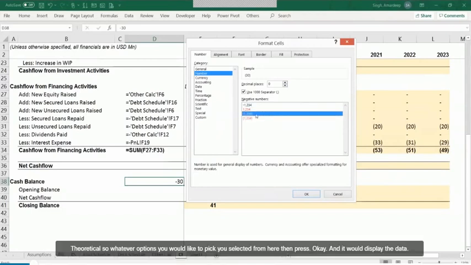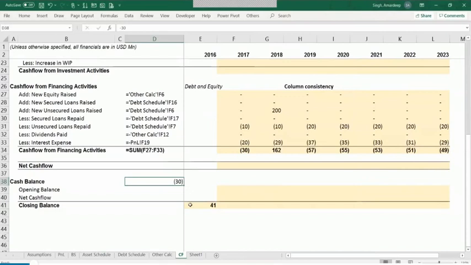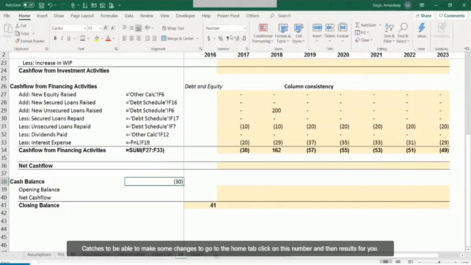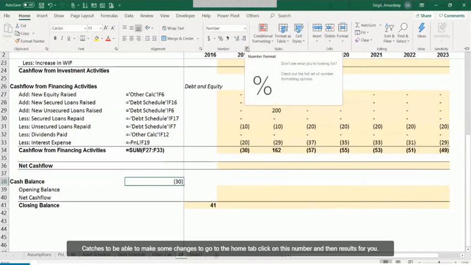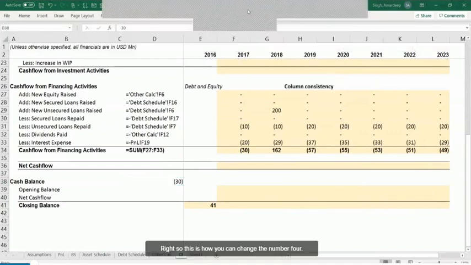Whatever option you would like to pick, you select it from here and press OK, and it will display the data in that particular format. So the catch is, to make such changes, go to the home tab, click on this number, and it will display the result for you. Right? So this is how you can change the number formatting.